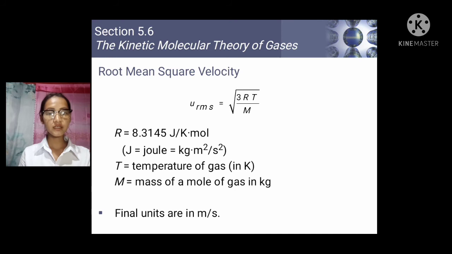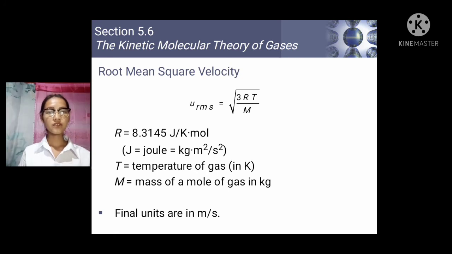J stands for joule and is equal to kilogram times meter squared per second squared. T is the temperature of the gas in Kelvin. M is the mass of a mole of gas in kilogram. So the final units are in meter per second.